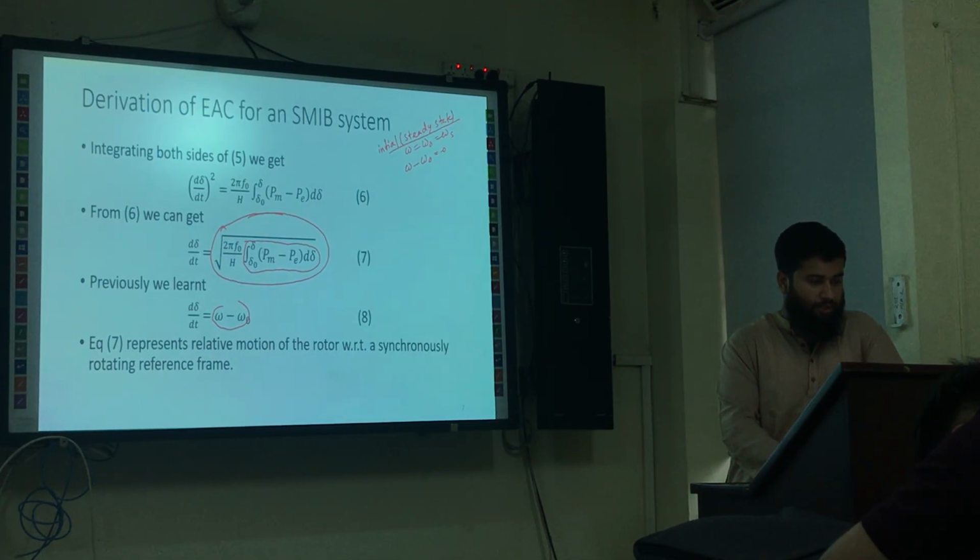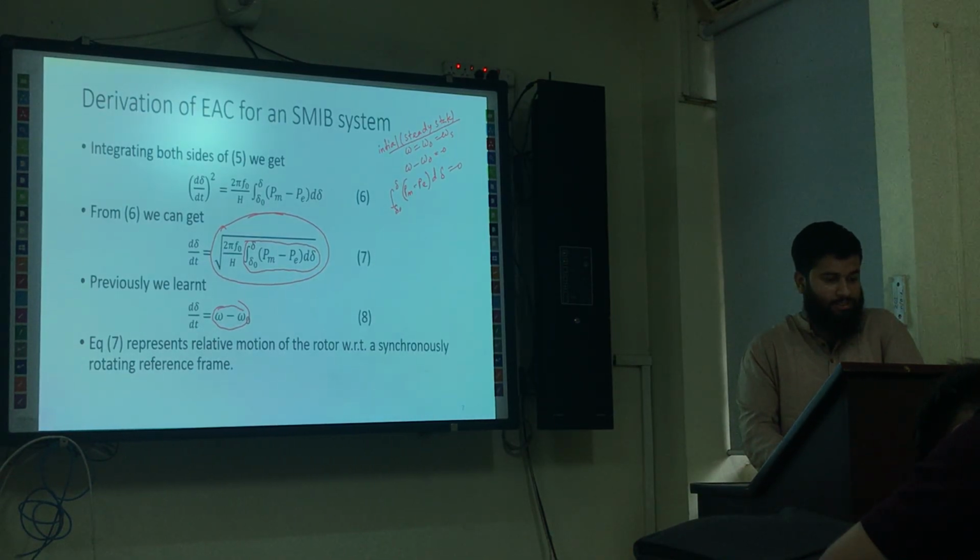So this term should be equal to 0, right? Delta naught to delta, integral of P_m minus P_e over d delta. This should be equal to 0. Have you understood this thing? Because omega minus omega naught is 0, that means this is actually equal to 0. Then after squaring, this square root will be removed, and then twice f naught over H, you can just take to the right side, so it will be simply 0, and then you will get only this integration term equal to 0.